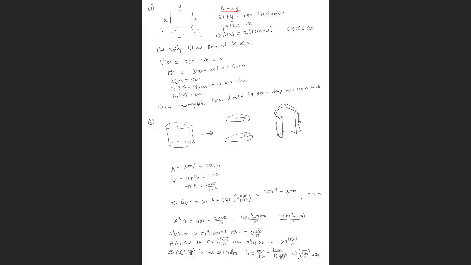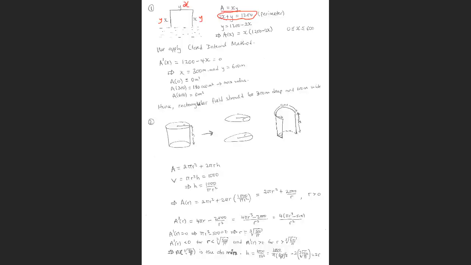You can swap it around and use maybe y there and y here and x there instead. It's fine. It doesn't actually change your final answer, right? So that's just labeling. Now, if I have two equations, you see, what have I been given? I've been given the perimeter, all right?